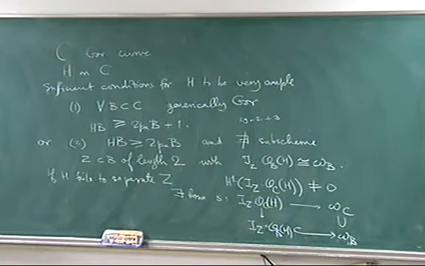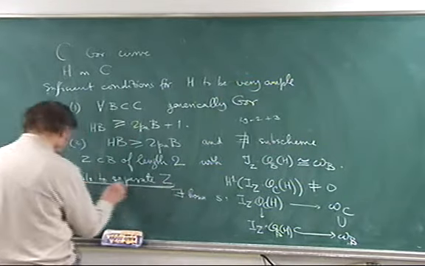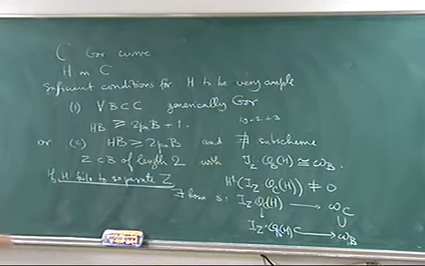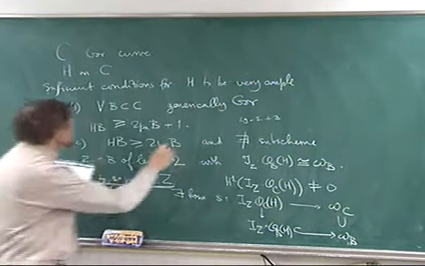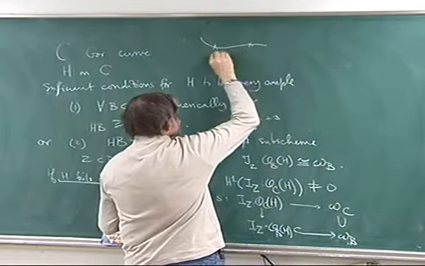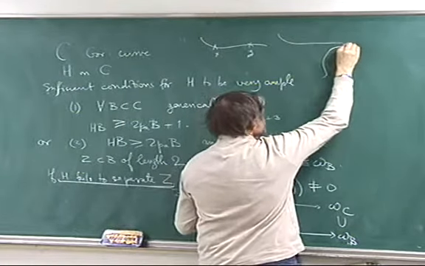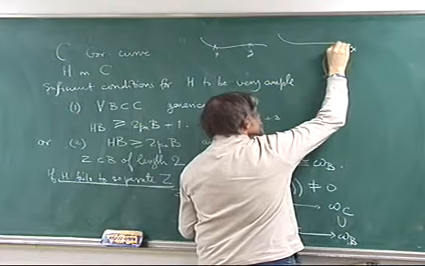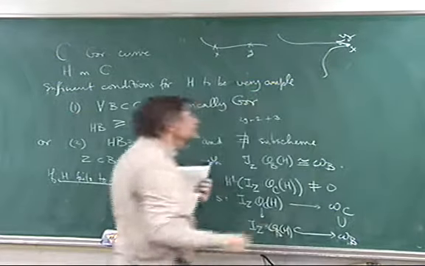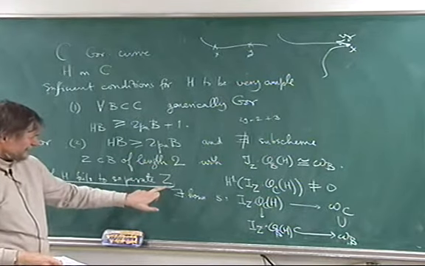Right, so this is telling us a more precise result. It's saying, here's my curve, and I've got x and y on it, that's Z. Right?